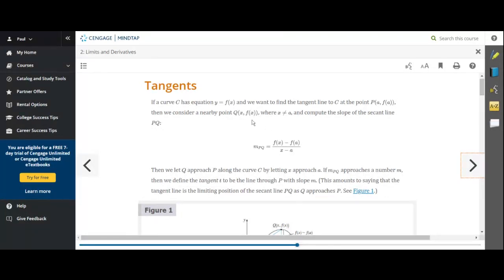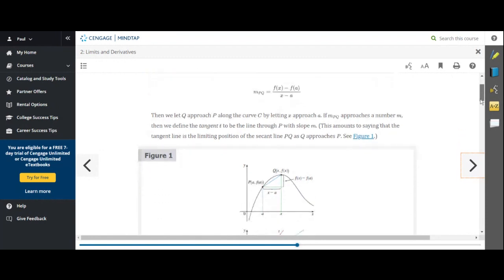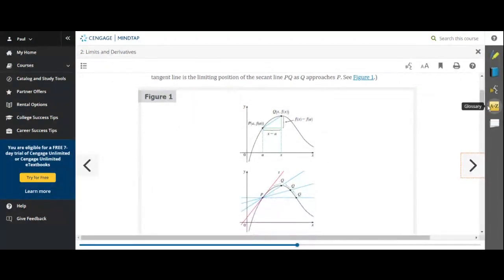If you have a function f of x and you want to find the tangent line to a curve C at a point with coordinates a, f of a, we can consider a nearby point, x, f of x. The slope between these points P and Q would just be f of x minus f of a over x minus a. And they have a little picture there.